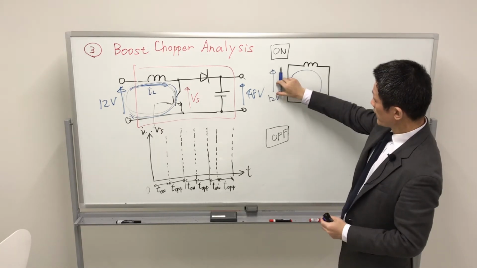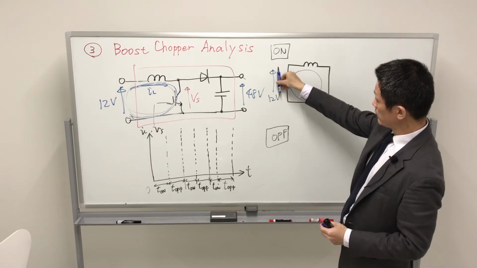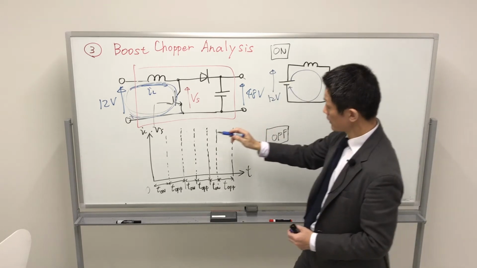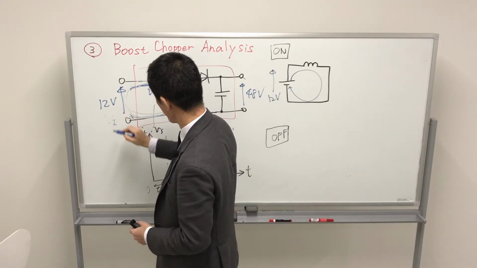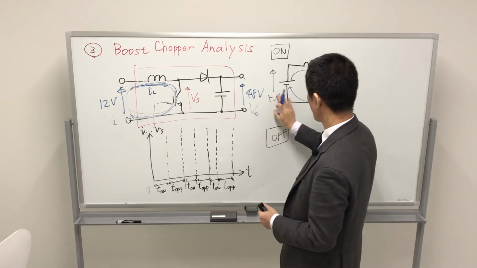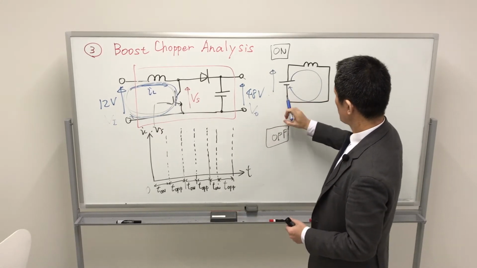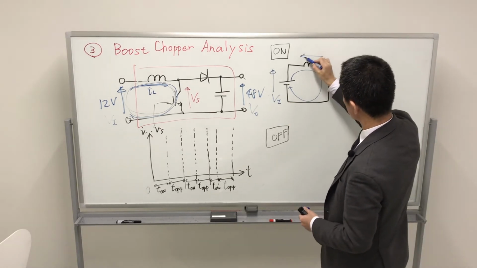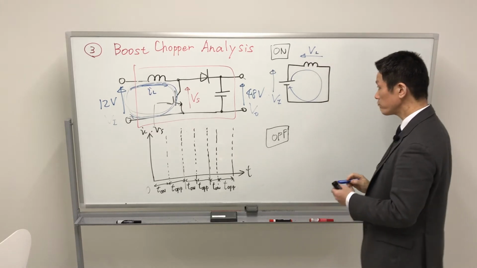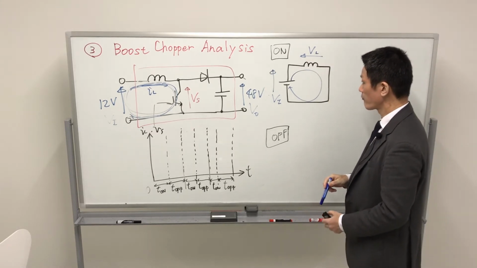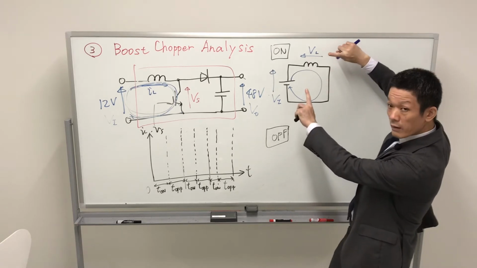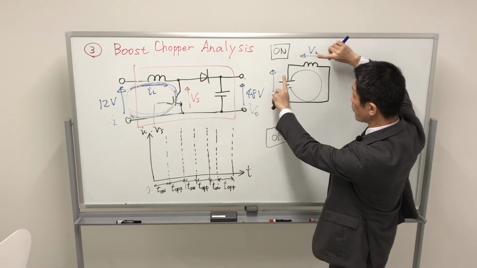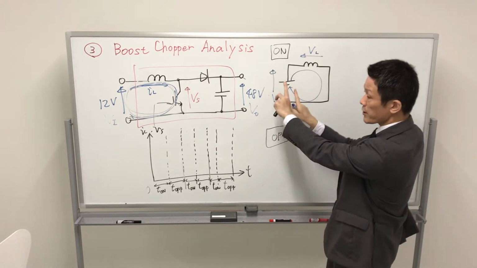So in this loop, this direction's voltage. This 12 volt we indicate as V in, and this one is V out. Total voltage is 0. So V in equals V out.